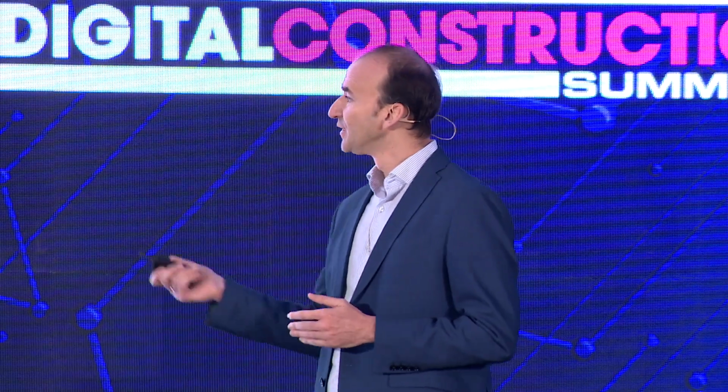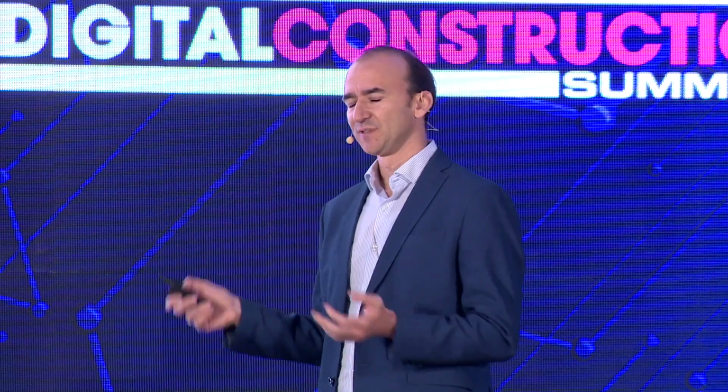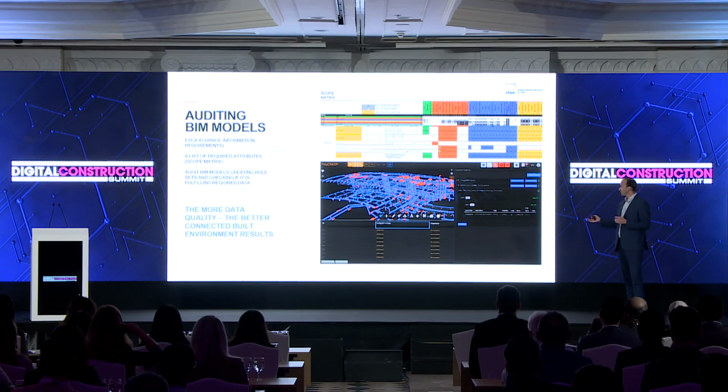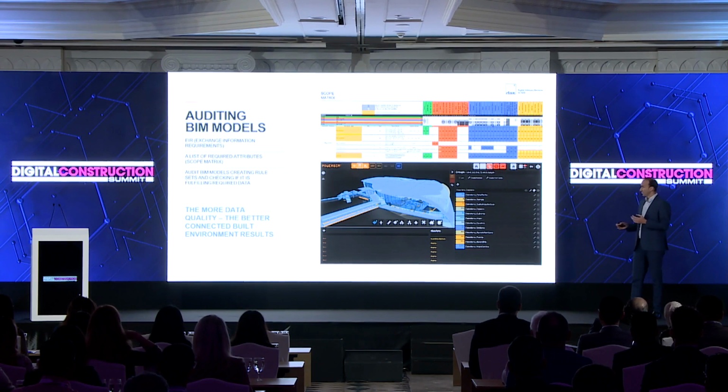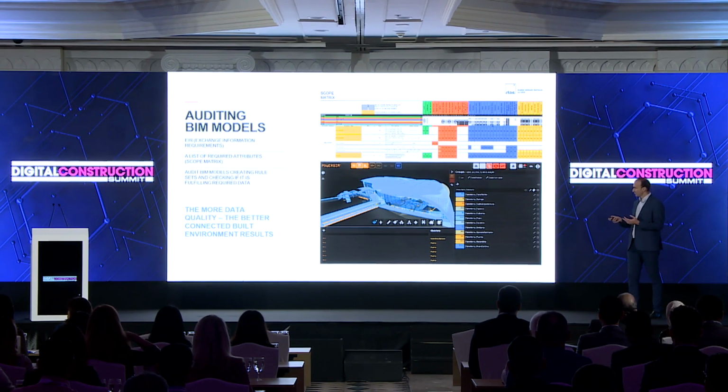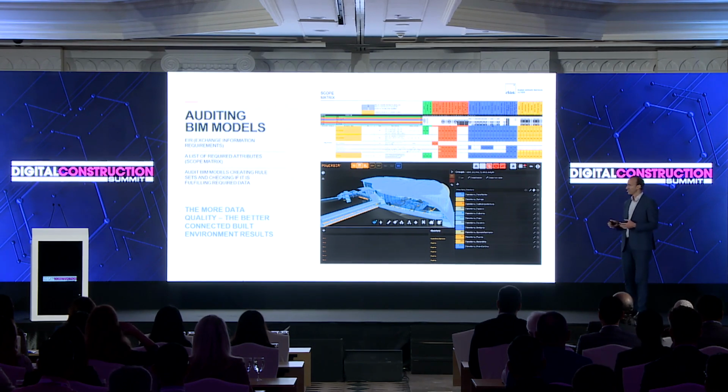So you have to do a validation of data points and parameters within the models so that you can confirm that the connection between all systems can be achieved. That should be done in an optimal way, and what I will show you now in a video is an automated process using PowerBIM.